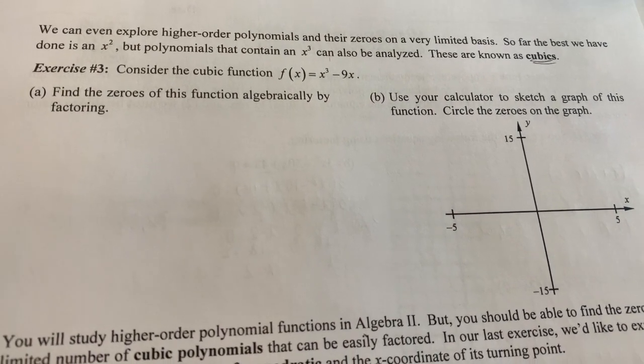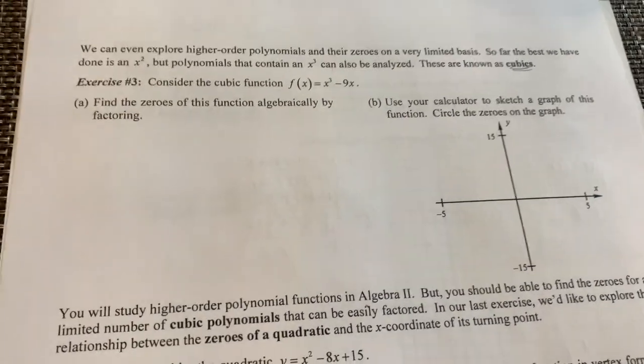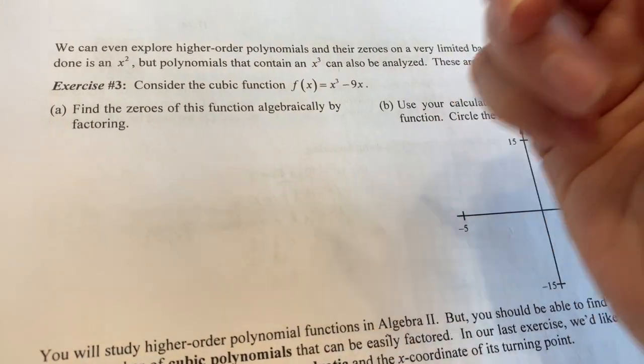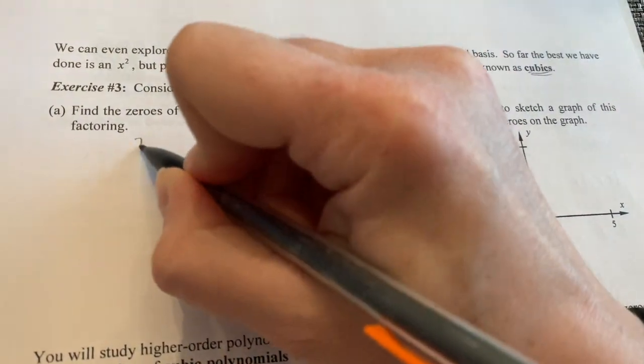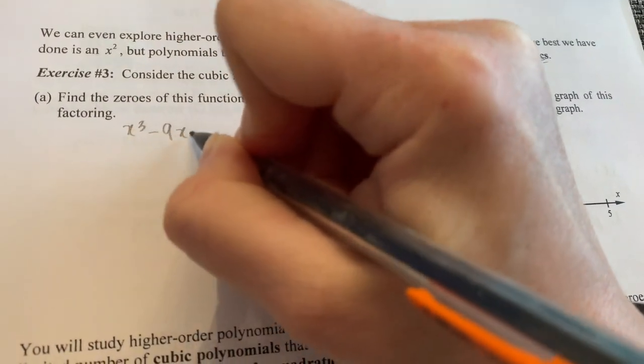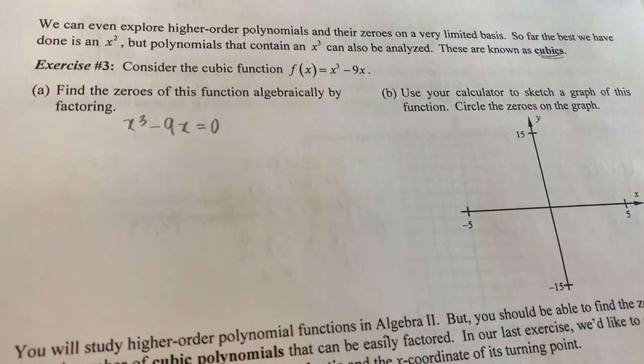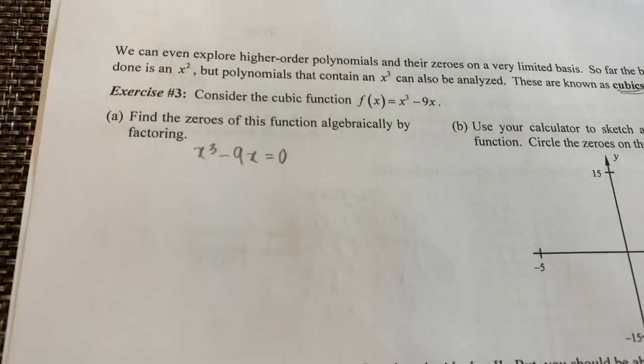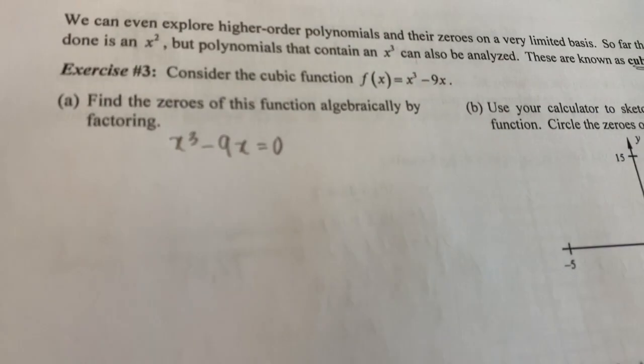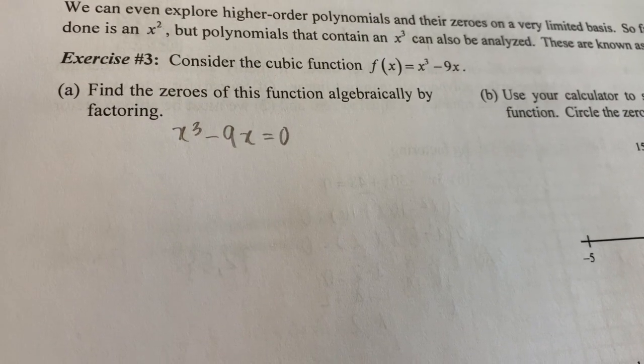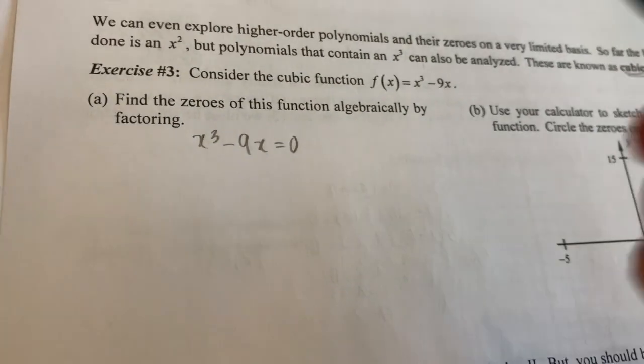In this case, we can actually find all of the zeros by factoring. So if we want to find the zeros, we have to set it equal to 0, right? So we have x cubed minus 9x, and let's set it equal to 0. And now let's factor. So we want to look for a GCF, right? First things first. I can take an x out of both of these, right?